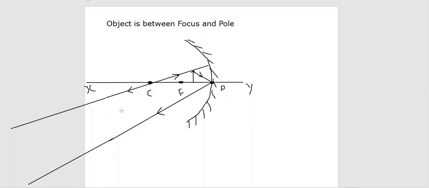These two rays are getting diverged from each other. They will never meet with each other because they are not at all parallel, they are getting diverged. That is the reason they will never meet with each other.